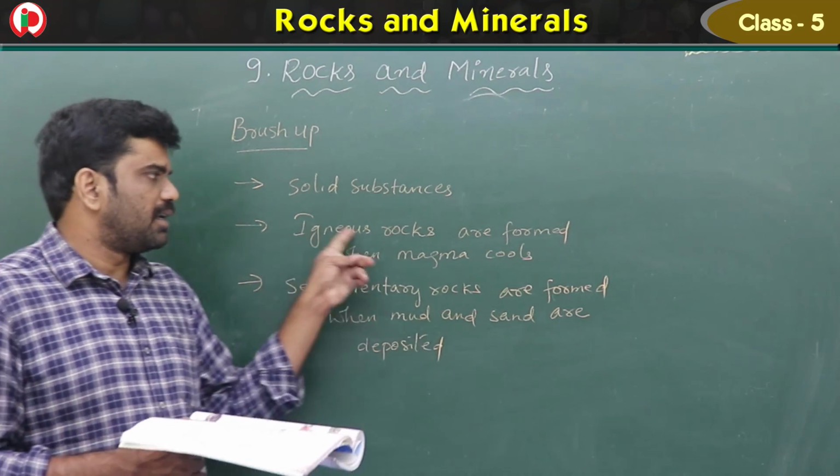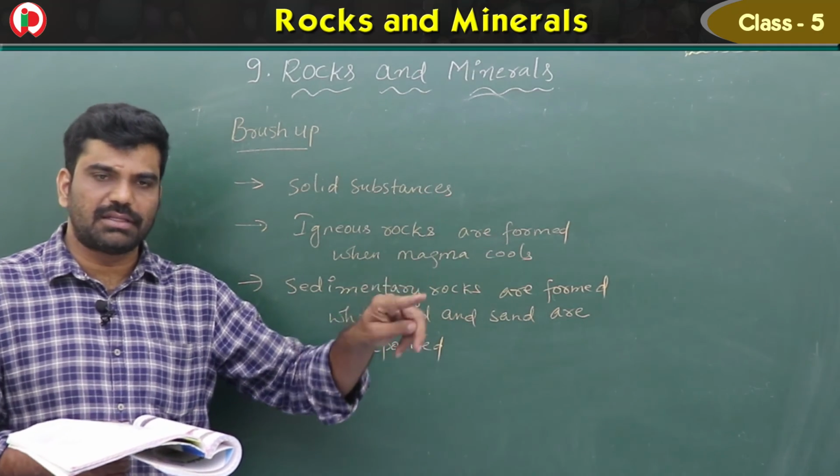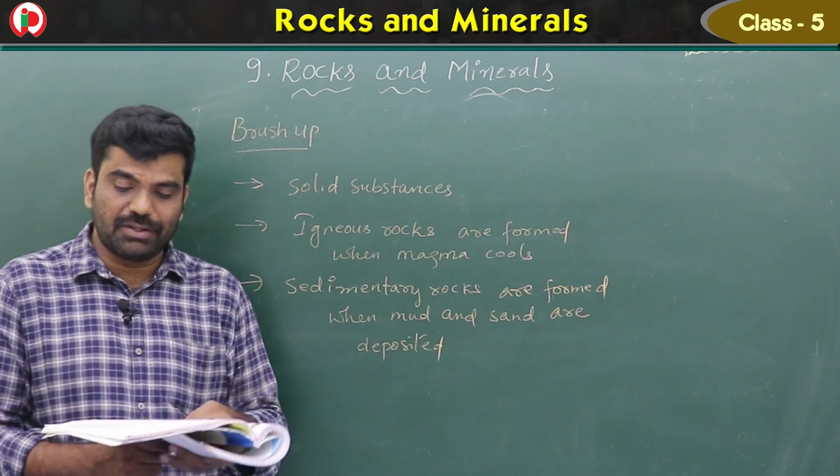You see, igneous rocks are formed when magma cools and solidifies above or below the earth's surface. Sedimentary rocks are formed when mud and sand are deposited in layers.